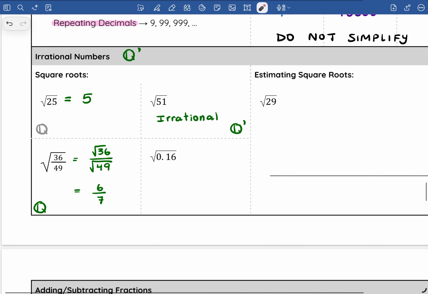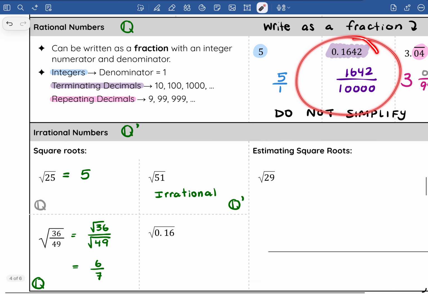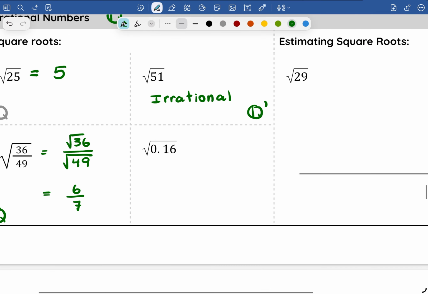And so this is where we want to use our skills from up here to say this is a terminating decimal. So we're going to take our 0.16 and we'll turn that 16 into the numerator. Because it's terminating, we'll have a 1 with some number of zeros on the bottom. Because there's two digits on the top, we'll have 2 zeros on the bottom. We still have the square root symbol.